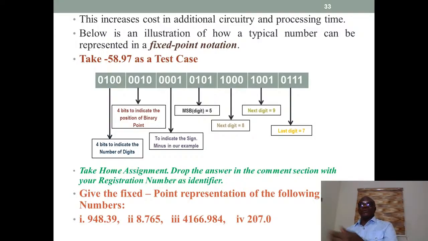Just try to do that and represent these numbers using fixed point notation.